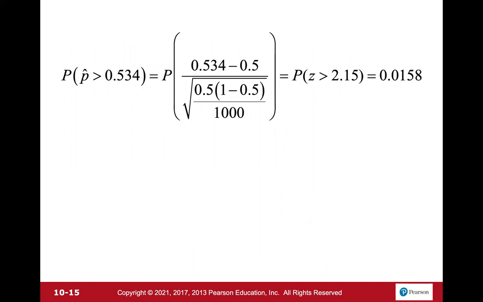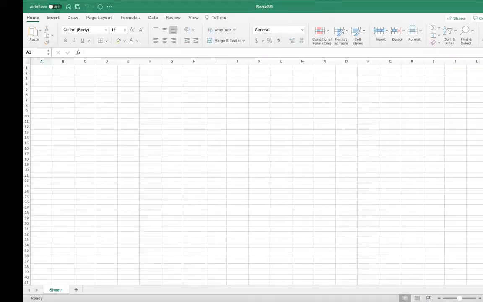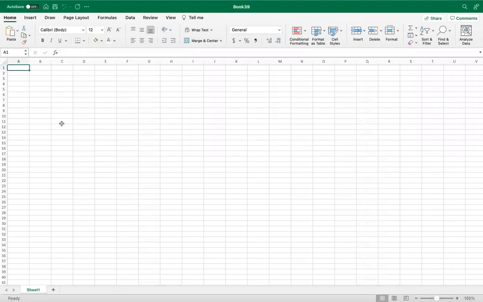So z is equal to all this data here, and we had already calculated this data right here. That data ended up being 2.15. So we're looking at the probability of z-score being greater than 2.15. And the way that they got this data is they used Excel.